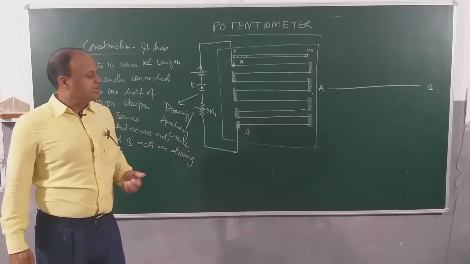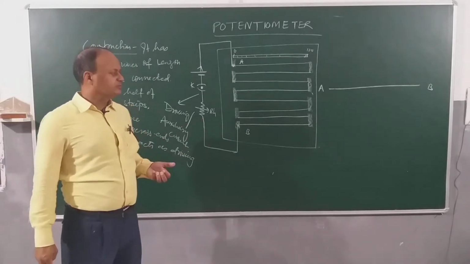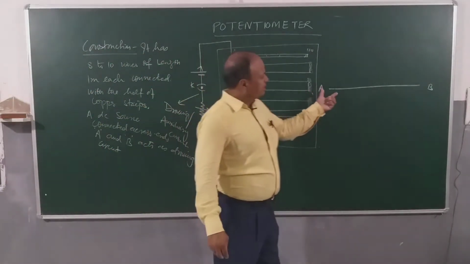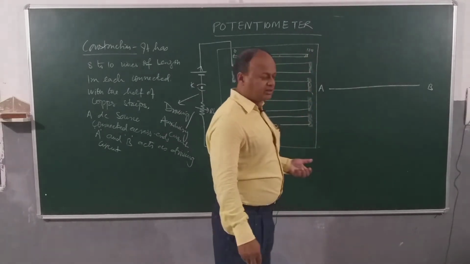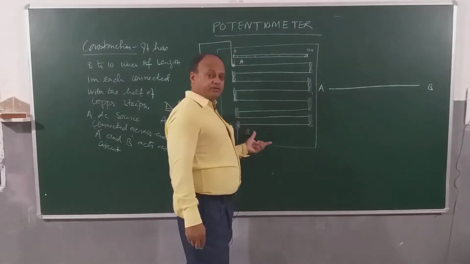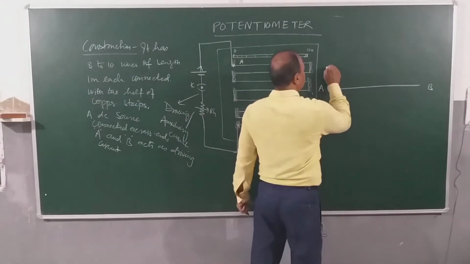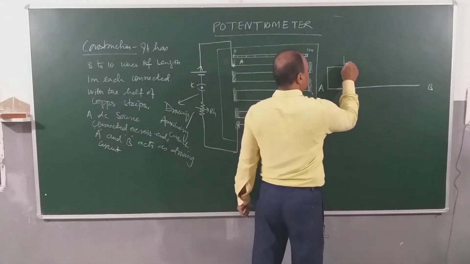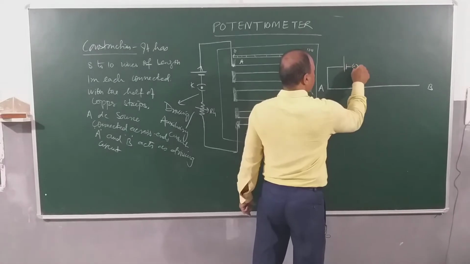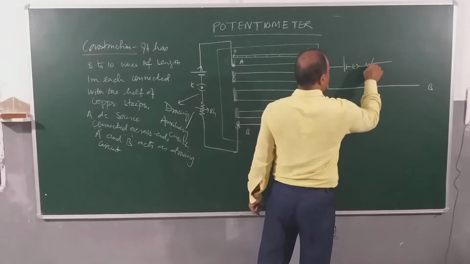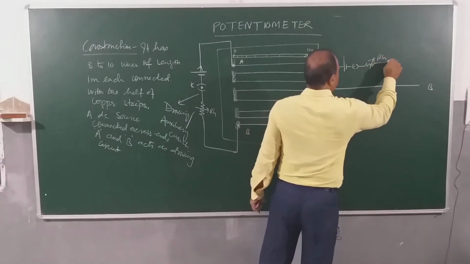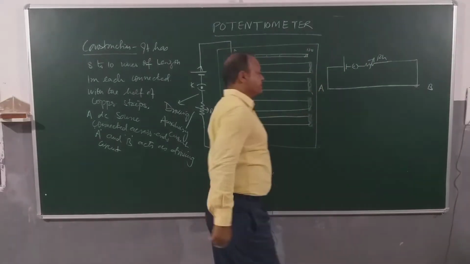Once it is ready, then we can start using it. If I look at the single wire circuit, the analogy of this combination of wires, then here I am connecting a battery, a cell, a key, and then a rheostat. Basically the same circuit.